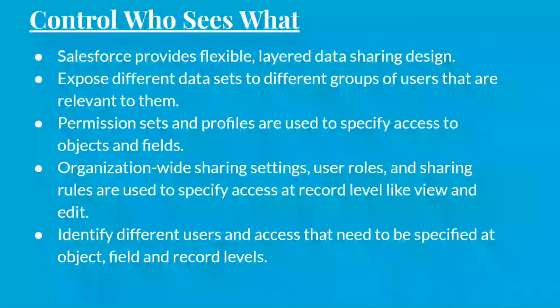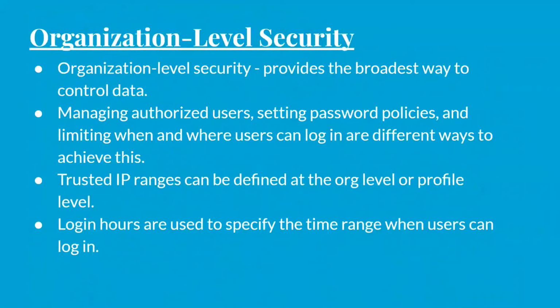You should identify all this initially, so that you can design your security model, or your sharing model, accordingly. Basically, identify different roles and different users and their level of access. That would help you to design a better security and sharing model.